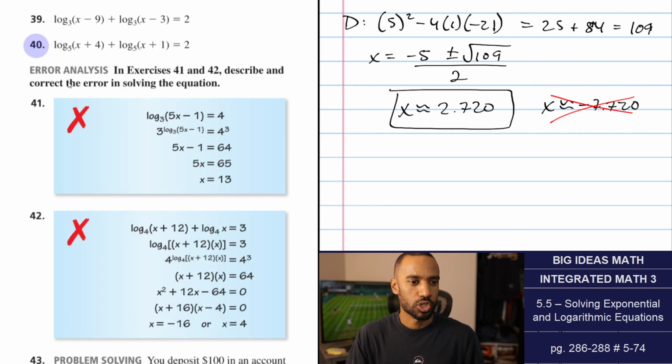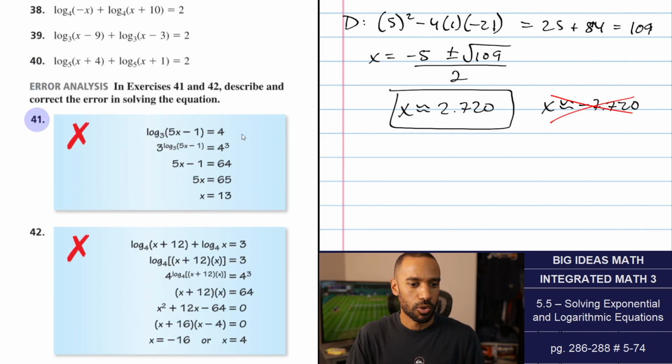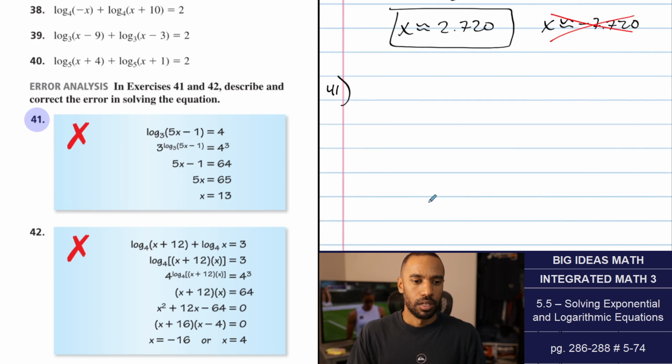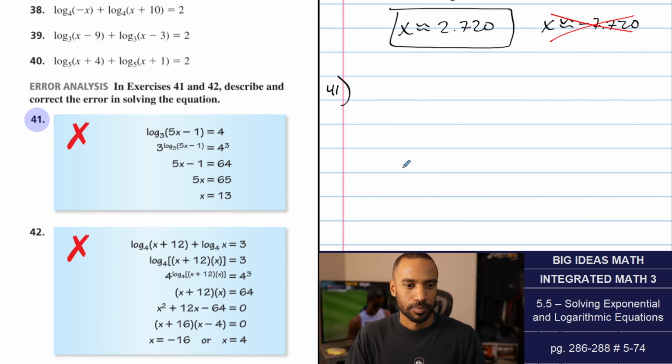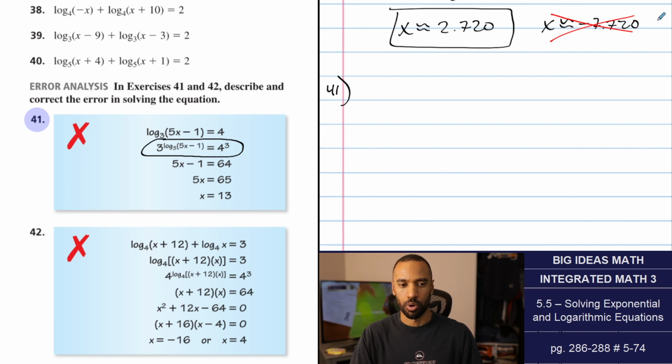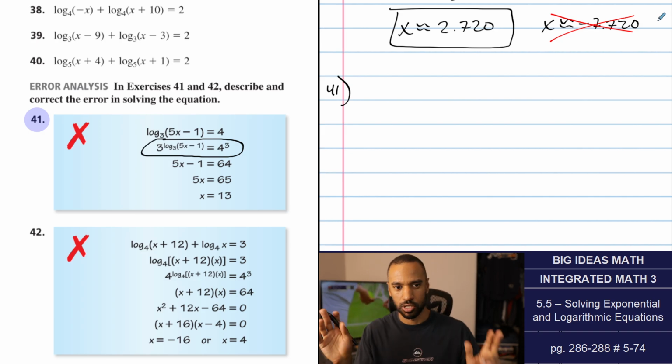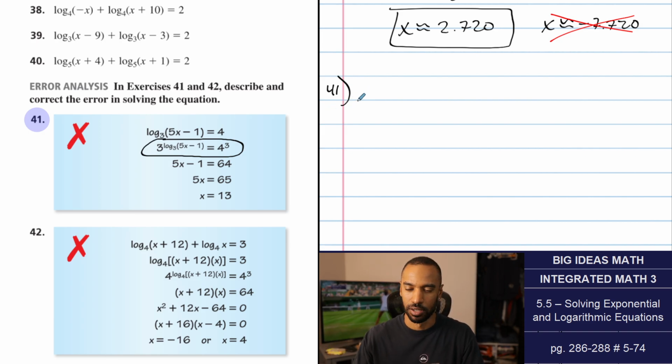Numbers 41 and 42 describe and correct the error in solving the equation, both logarithmic equations. Number 41, log base 3. Okay, I see the issue here. Log base 3 of 5x minus 1 equals 4. Now, assuming everything they did after is fine, the error is the step right here. There's nothing wrong in how they're approaching the problem. If they'd like to raise both sides as exponents with a base of 3, that's fine.